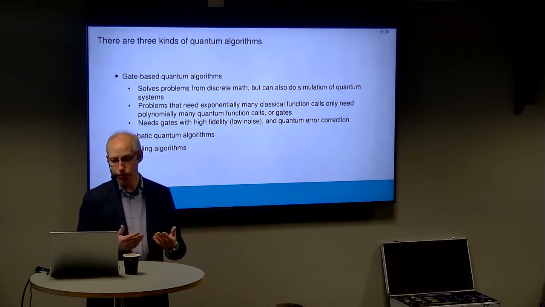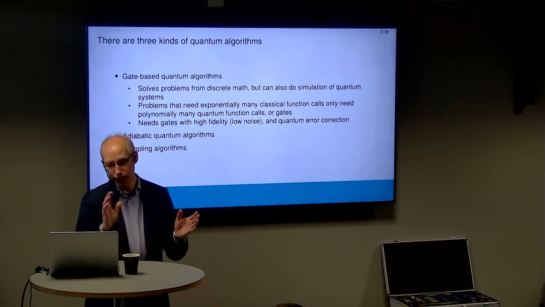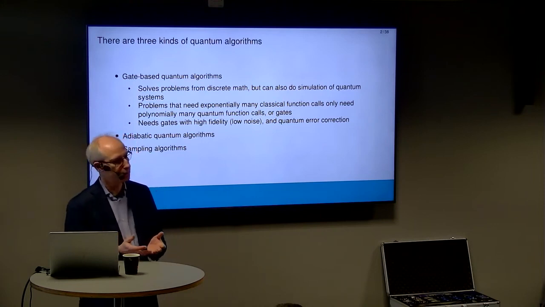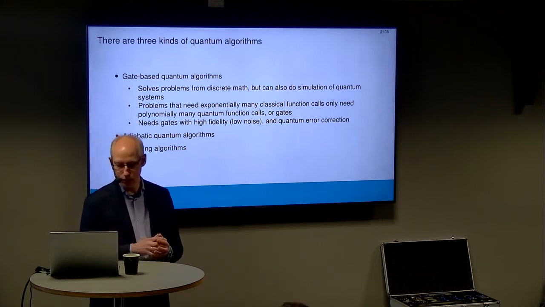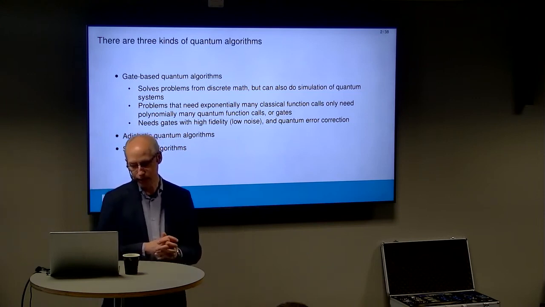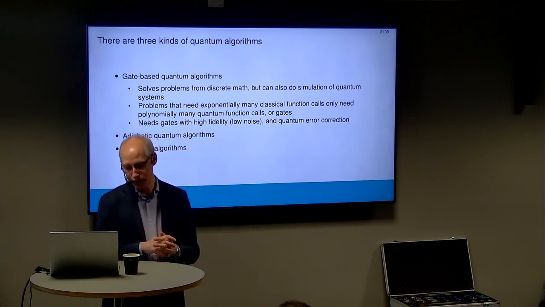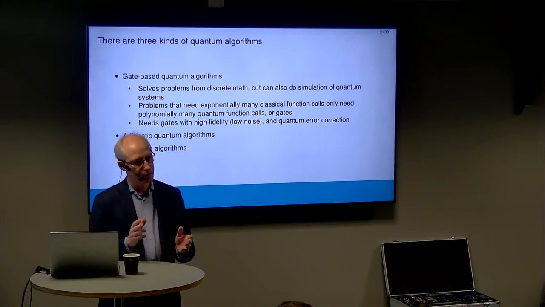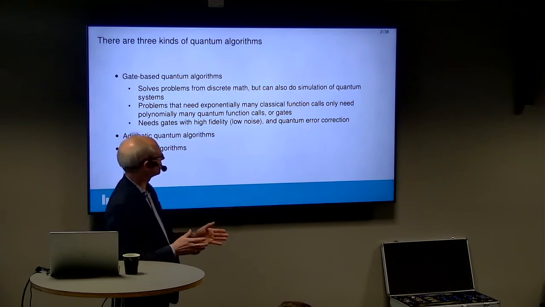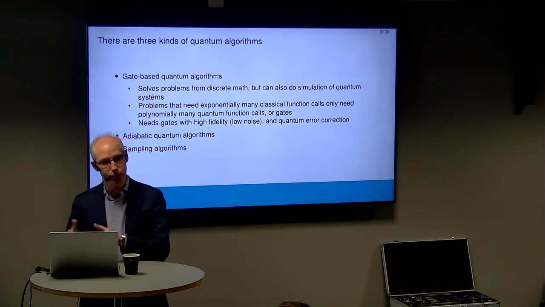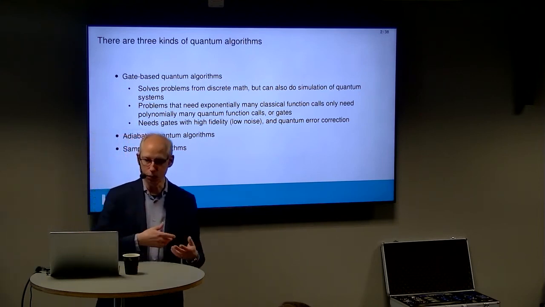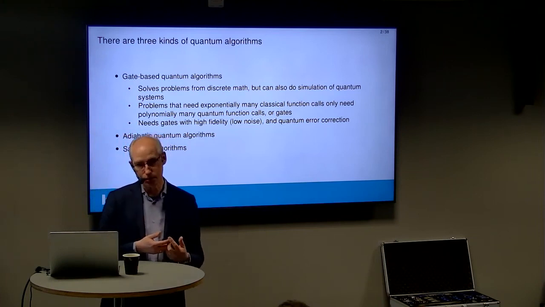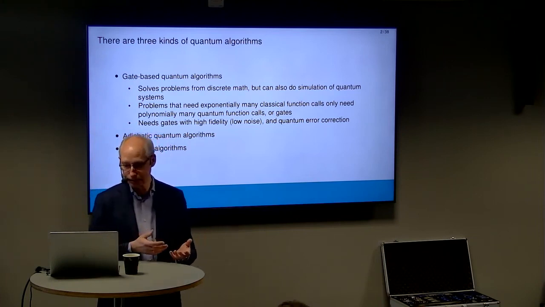Now, you can also simulate complicated quantum systems if you like. That's another use of them, but I'll soon mention another kind of quantum algorithm that does that much better. This simulation task is really take a complicated physical system and simplify that so that you can find the important behavior of that complicated system.